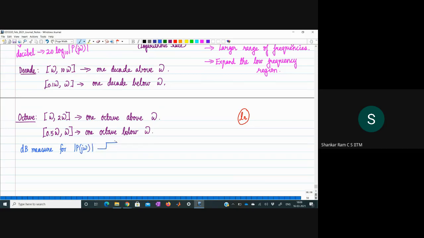Okay, we can have an expanded range because we are taking the logarithm. We can go from very high values of the magnitude of P of j omega to very small values. Okay, we can once again expand the low magnitude region, just like expanding the low frequency region. We can also expand the low magnitude region.